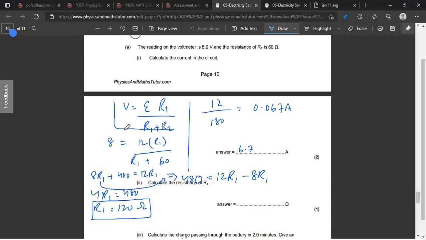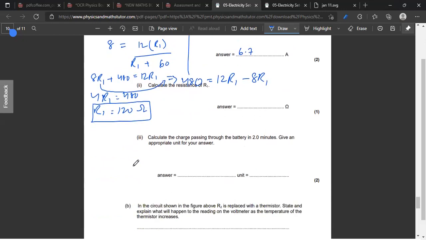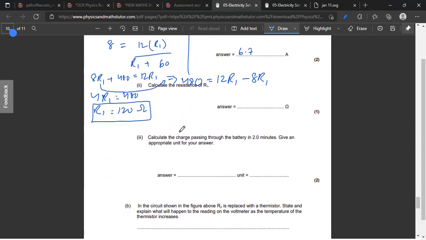Have you copied this down? Yeah, I've got it. And we also don't need to do part 2. I want to do part 3 myself.